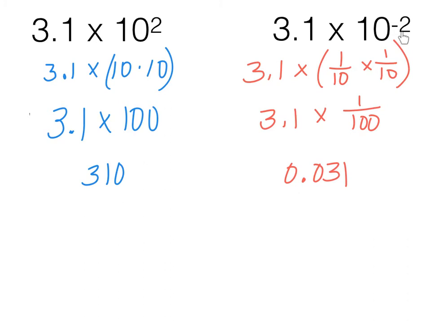With the negative exponent, you're going to move it the same number of times, this time to the left. So the decimal point started at 3.1, moving it over 1, 2 place values to the left. Typically we put a 0 in front of the decimal point just to indicate that that decimal point is there and we don't forget about it.